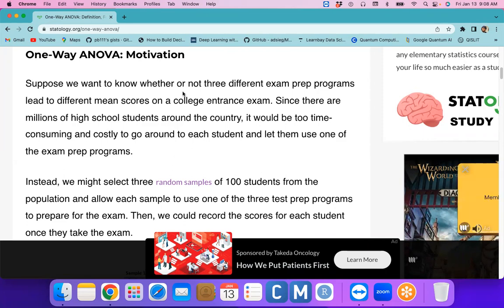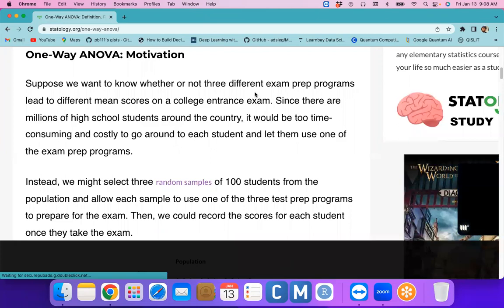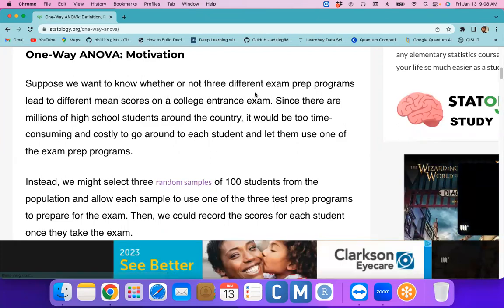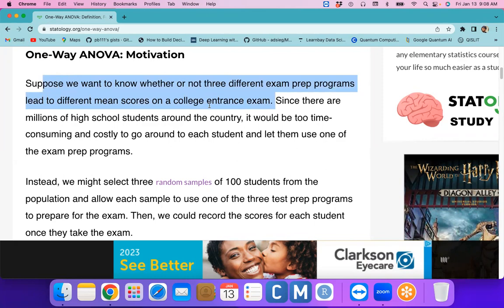So from these three, which is most effective for your final score? I want to find that kind of significance, and such things we can do with the help of ANOVA.